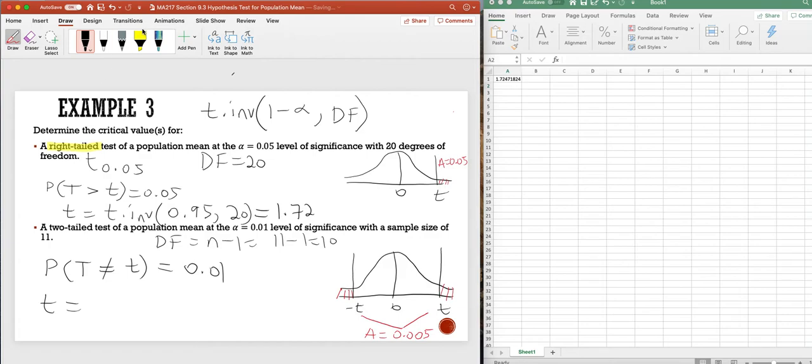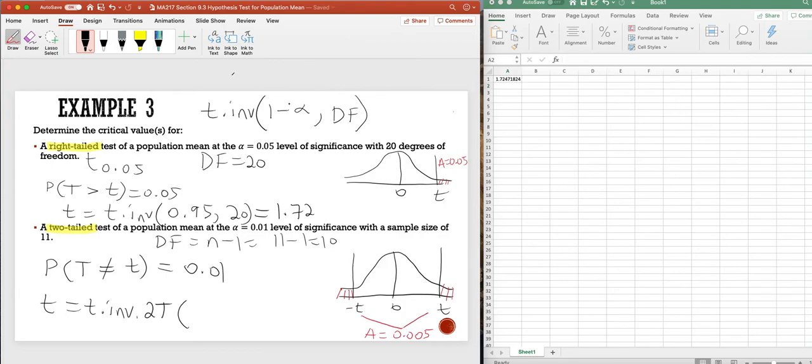Since this one wants a two-tailed test, it's going to use T.INV.2T. That means the inverse of t with a two-tailed test.